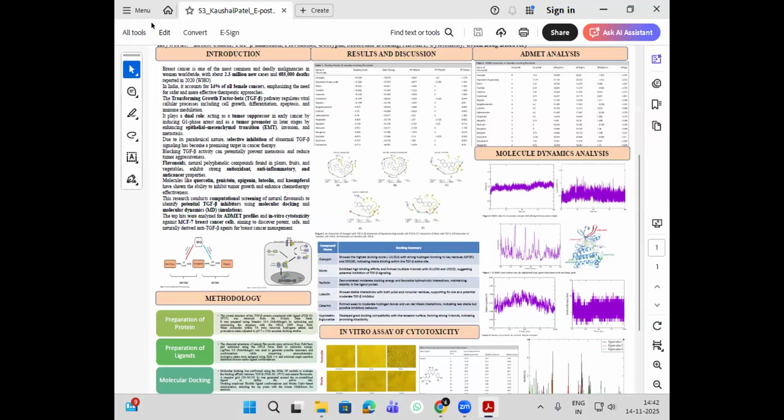Then we go for determination of the ADMET profile, from which we identify the log P value and follow Lipinski's rules to identify whether the compound can be druggable or not. And at last we perform the in vitro cytotoxicity study, where we use the MCF-7 breast cancer cell line, which we procured from Pune, and we perform the cell line study and get the result.